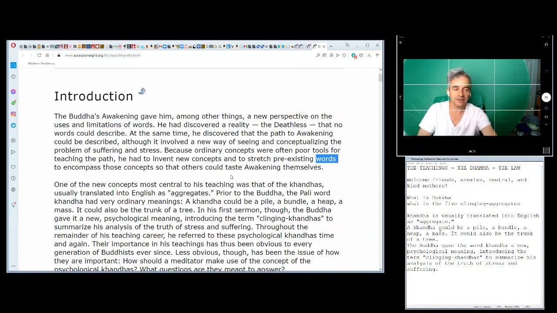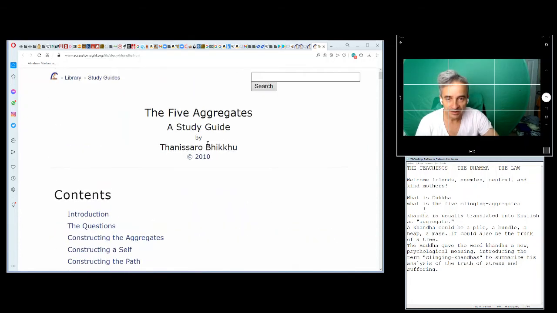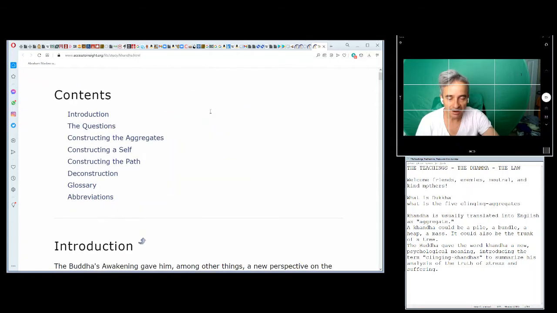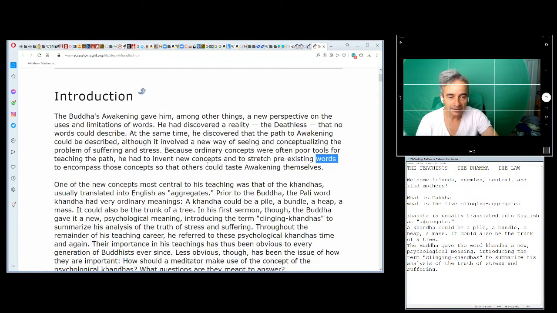So this is a key. If we can understand what the 5 aggregates are, we may have a chance in tasting awakening.